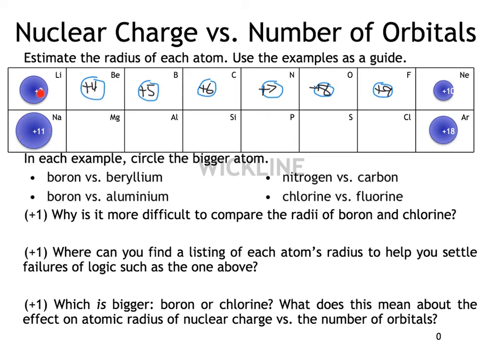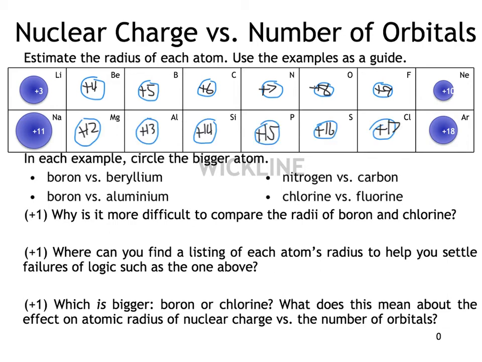So up here, more protons meant a smaller radius, but down here we have more protons, but we also have more orbitals. Therefore, it's a larger radius. But as you go from sodium over to argon, you should notice a decrease in radius as a result of increasing nuclear charge.